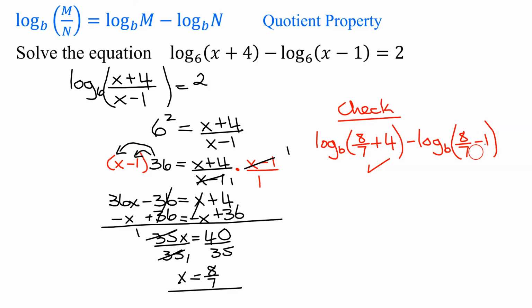Is 8/7 minus 1 positive? Yes, it is. And if you're unsure, remember 8/7, if you divide 7 into 8, you get 1 with the remainder of 1. So it's 1 and 1/7. 1 and 1/7 minus 1 is definitely a positive number. So we now know our answer is not extraneous, so the solution is x equals 8/7.